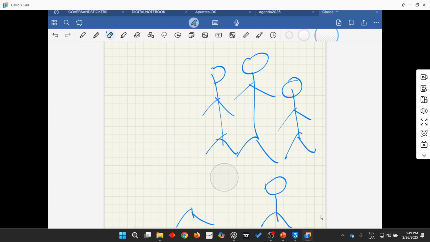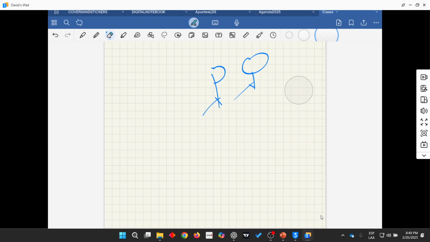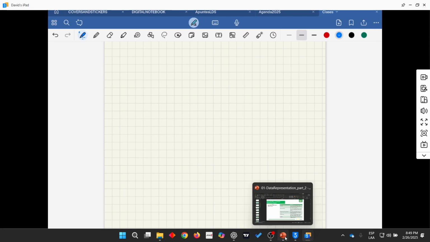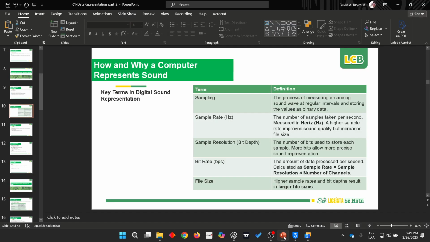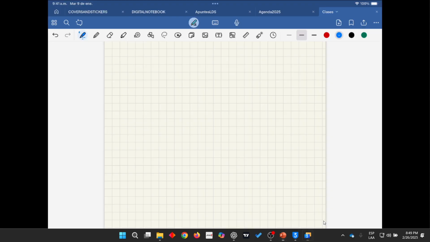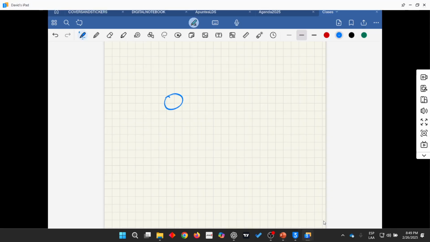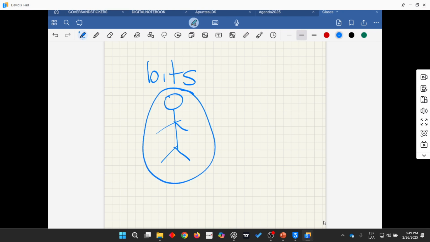Now, sample resolution, bit depth. We're going to talk once again about binary. Why? Because let me show you once again the name. Sample resolution, bit depth. Here it says, the number of bits used to store each sample. So remember, this is a sample. So how many bits am I going to use for this sample?